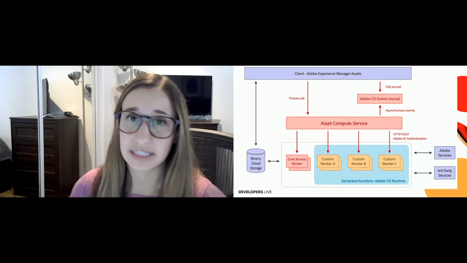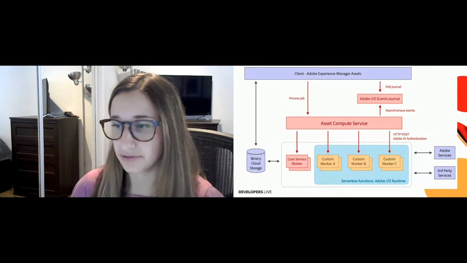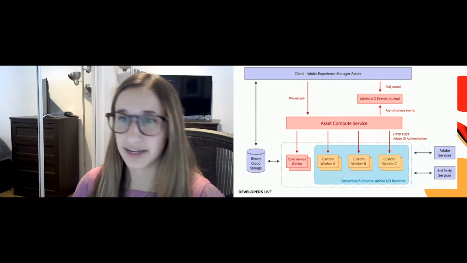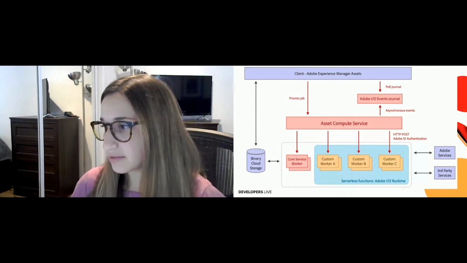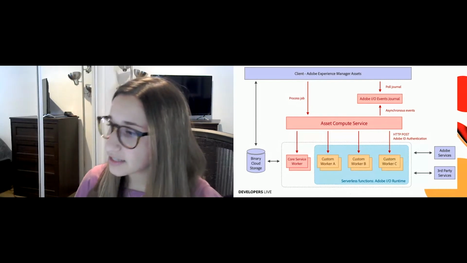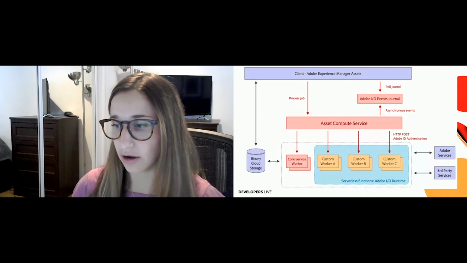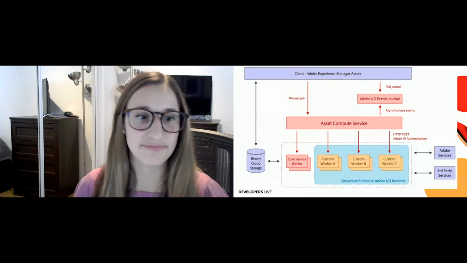The Asset Compute service then distributes the job to the necessary worker. These workers can be Adobe built-in workers or a custom worker. And these custom workers can call other Adobe services or third-party services, but they are all serverless functions running on Adobe I/O Runtime.